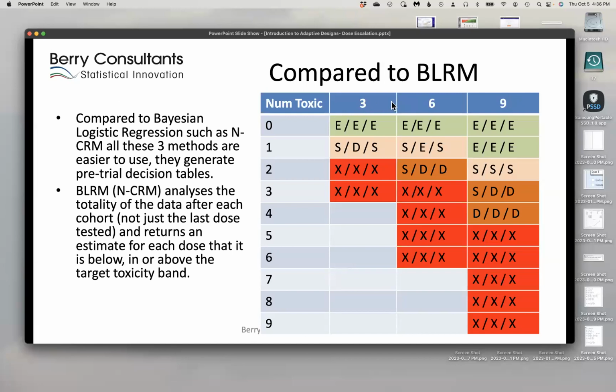So if we've tested 3 subjects, 6 subjects, or 9 subjects, and then the number of observed toxicities from that 3, 6, or 9 subjects. And then in the cell, we show the decision to either E, escalate, S, stay where we are, D, de-escalate, or X, de-escalate and ban this dose from the trial, never re-escalate to it.